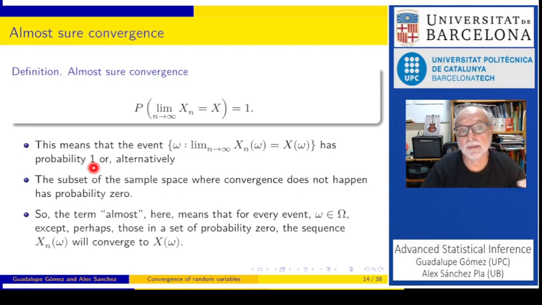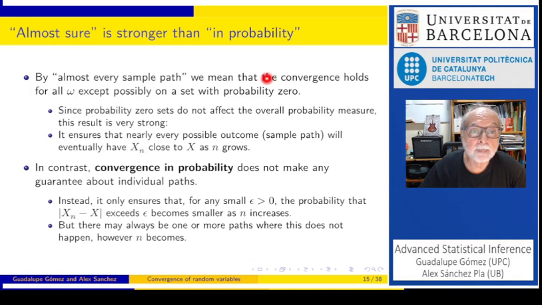It simply says that the probability, or the measure, of the set where this happens is 0. And that's why we say that it almost always happens, because it happens with probability 1.